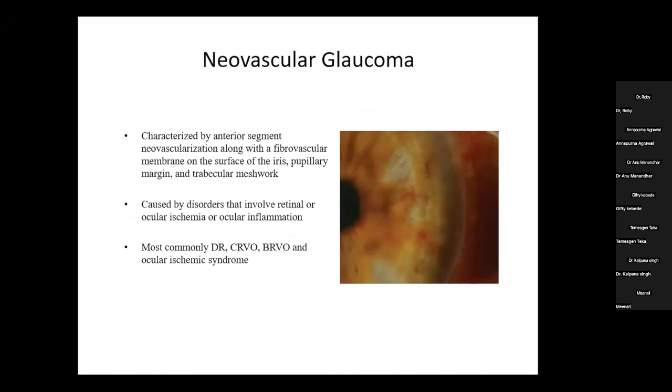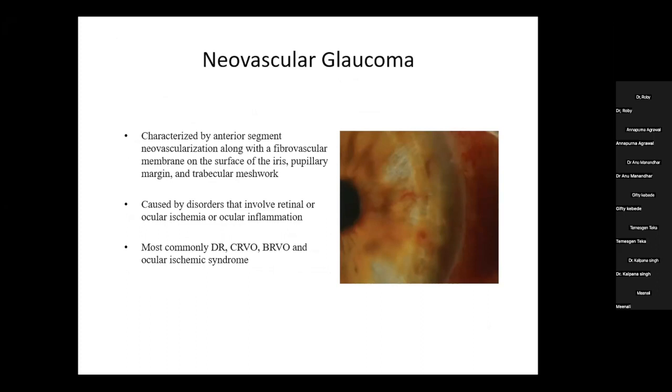Neovascular glaucoma is characterized by anterior segment neovascularization along with a fibrovascular membrane on the surface of the iris, pupillary margin, and trabecular meshwork.